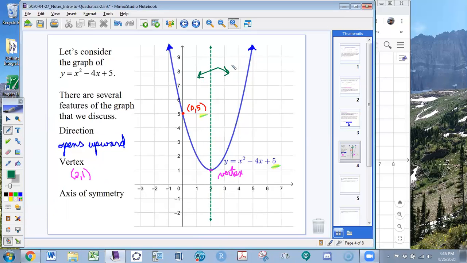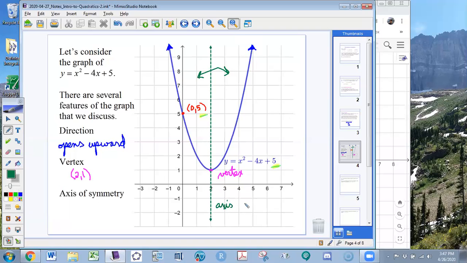Another way to think of that is this side right here, if this is where I place the mirror, would be reflected and look like it lands right here. This side is reflected and looks like it would land right there. So just cutting that parabola exactly in half and both halves look exactly the same is what we mean by an axis of symmetry.